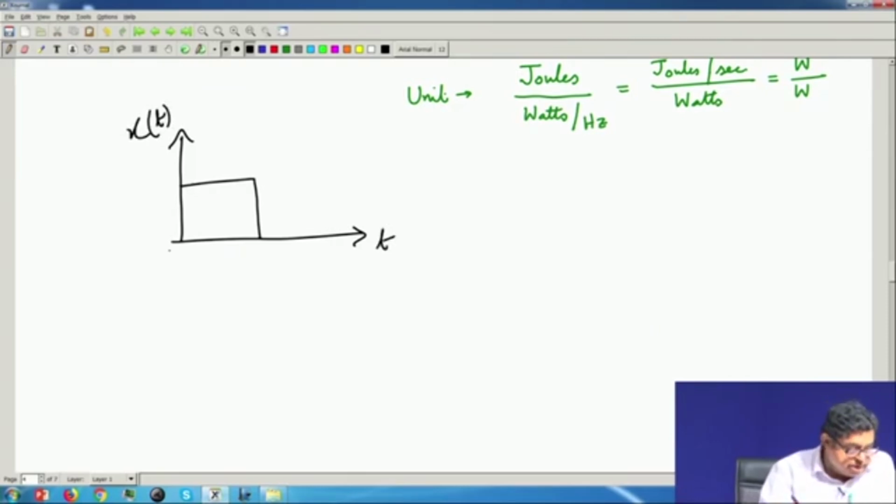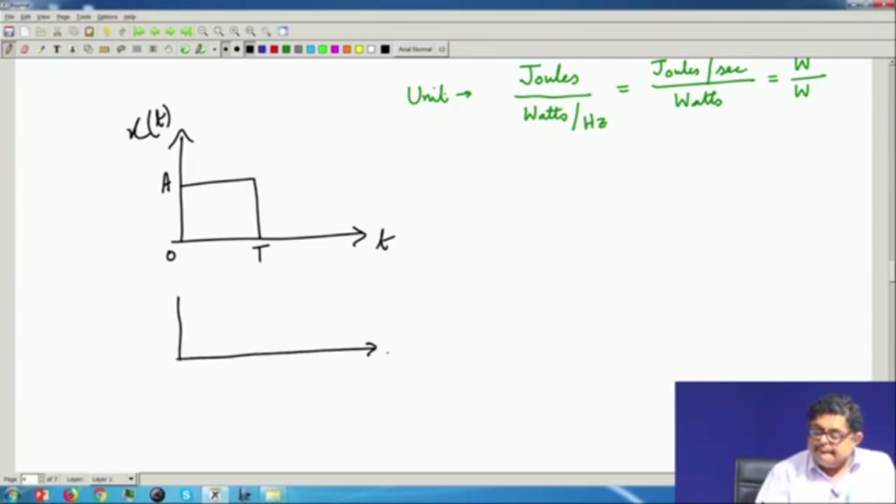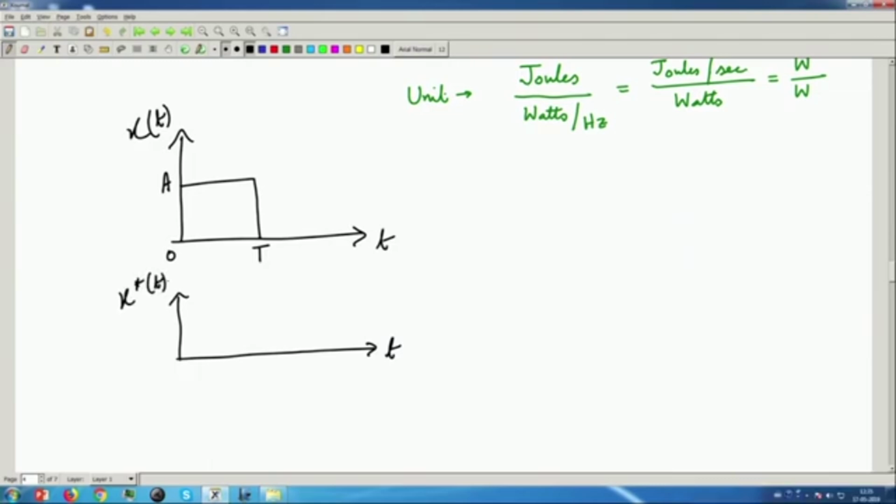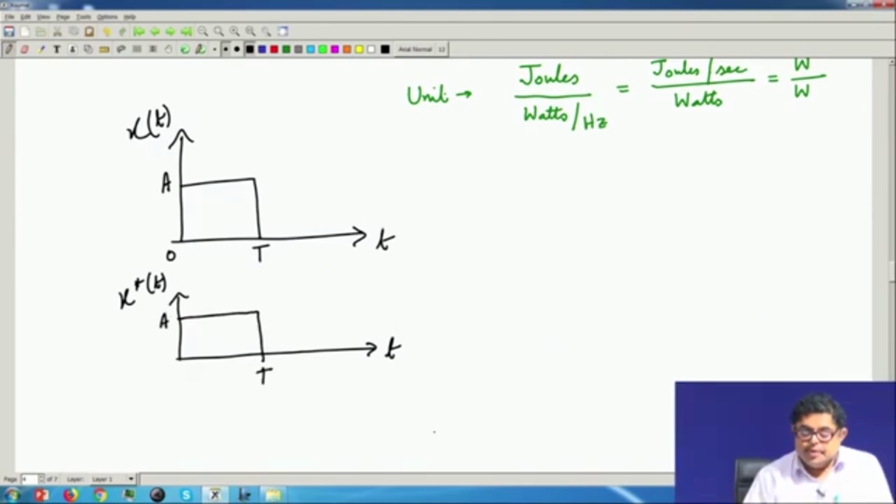I have this 0, this is the amplitude, and let us say the duration is T. It is a repetitive thing, but let us see one pulse. So, what will be x star t? That will be the same as this, because x(t) is a real signal, so its complex conjugate is also this.